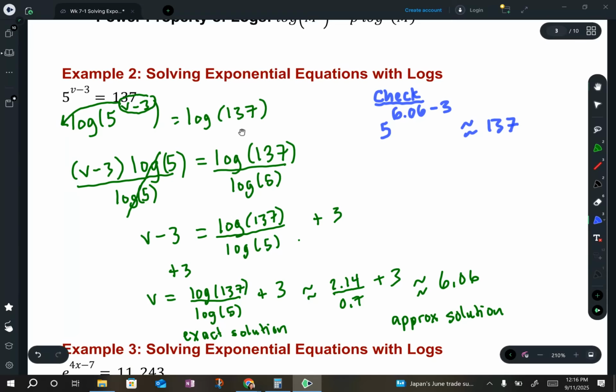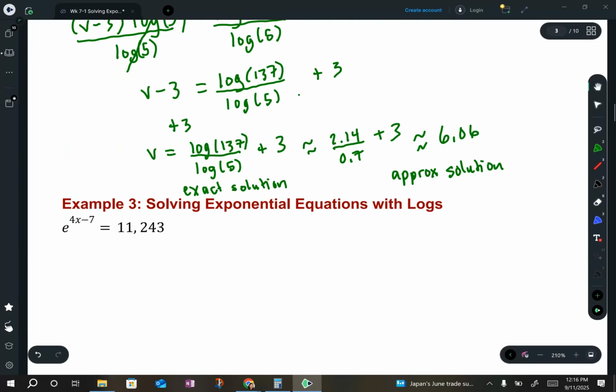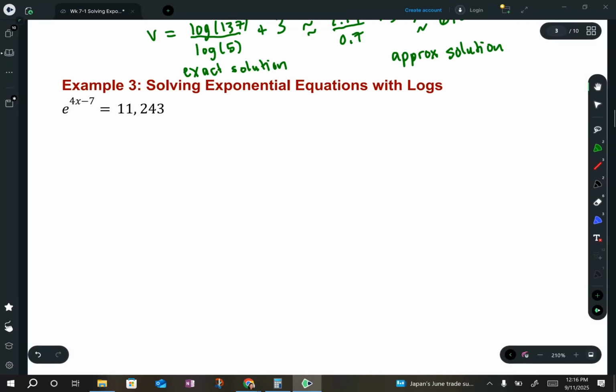All right, let's try another example of solving exponential equations with logs. This equation says e to the 4x minus 7 equals 11,243. To get that 4x minus 7 out of the exponent, I want to use logs. You don't have to use natural logs, but it makes it easier if the base is e. So I'm going to take the natural log of both sides.